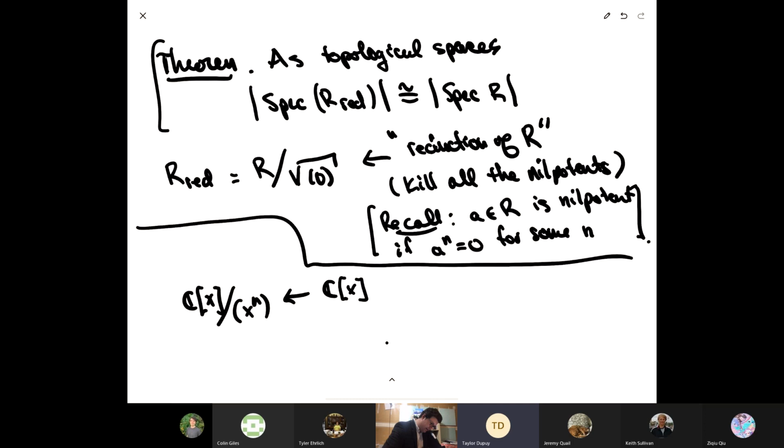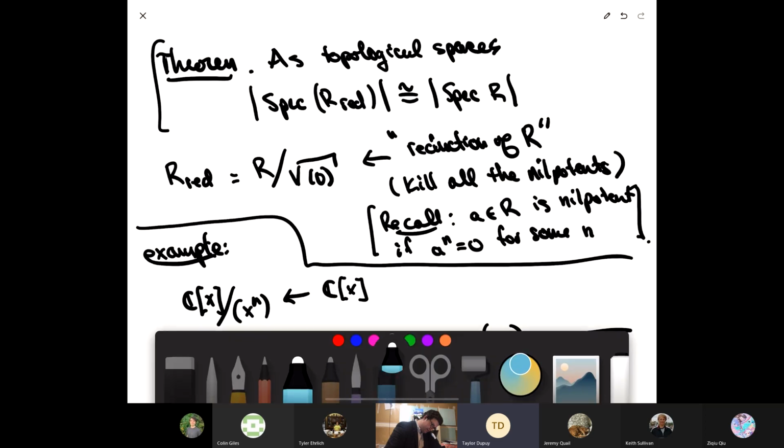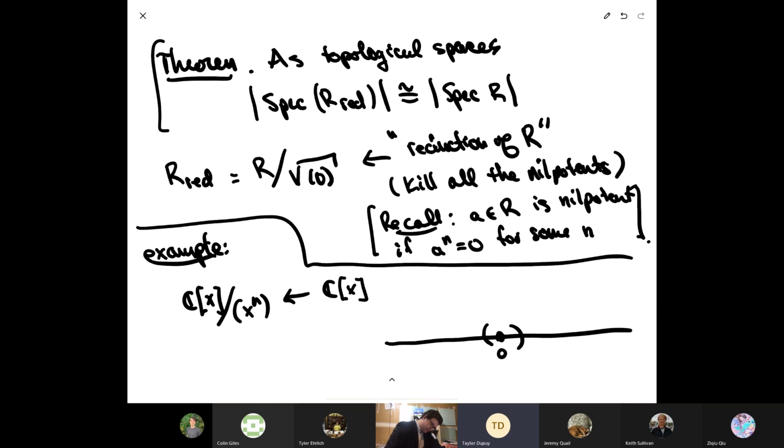So this is an example of a fat point. Here's the point 0, and then what I drew was this little piece here.